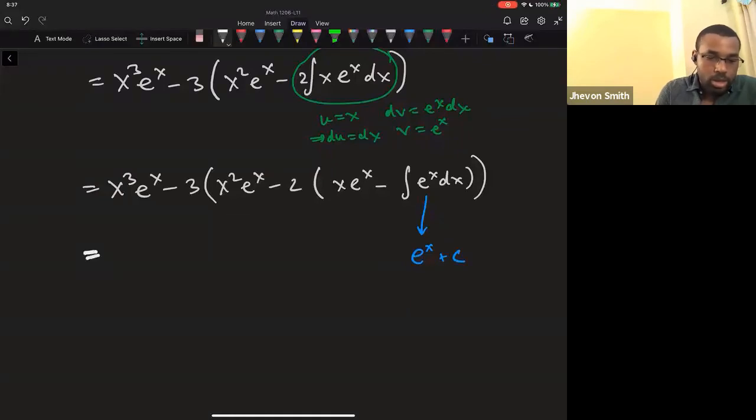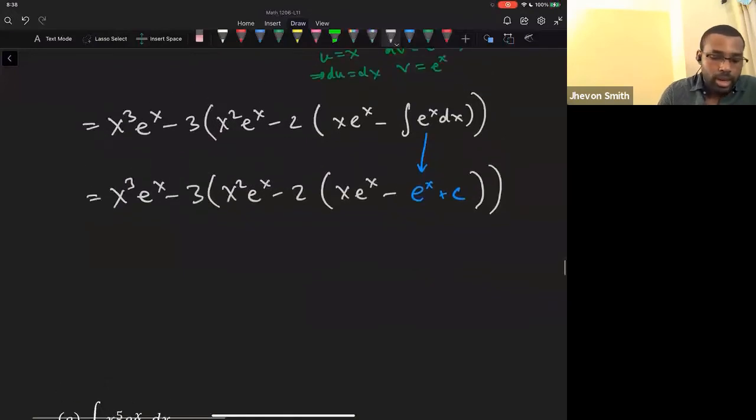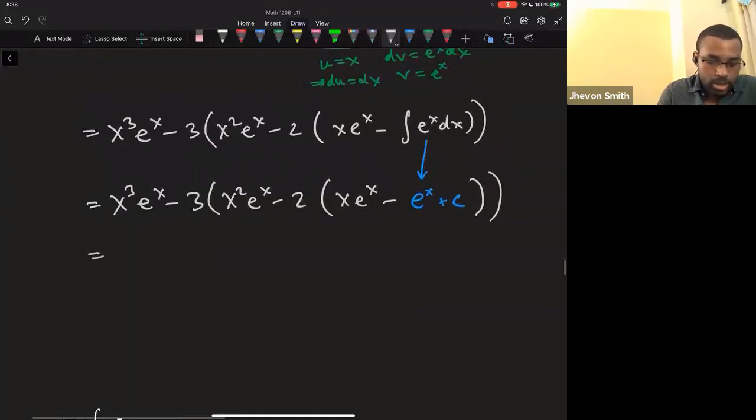So here you'd have x cubed e to the x, minus 3 times x squared e to the x, minus 2 times x e to the x, minus e to the x, plus c. And you can actually expand all this.